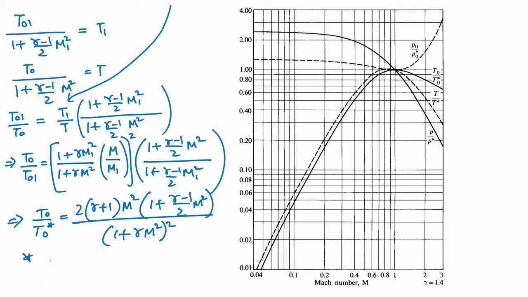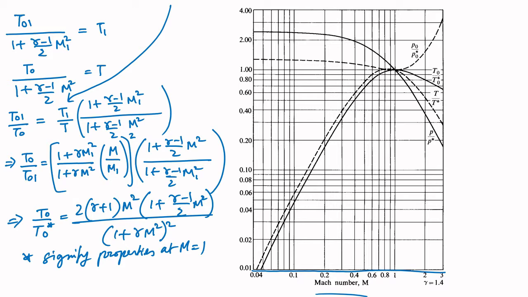The star signifies properties at M equal to 1. And then if you plot all these things, we can also generate relationships for P0 by P0 star, T by T star, and T0 by T0 star. If we plot all these as a function of Mach number in this log plot, these are different ratios, and this tells you a very interesting thing.